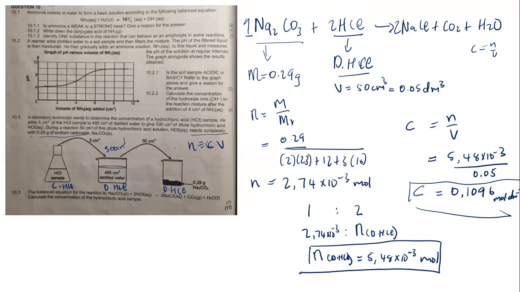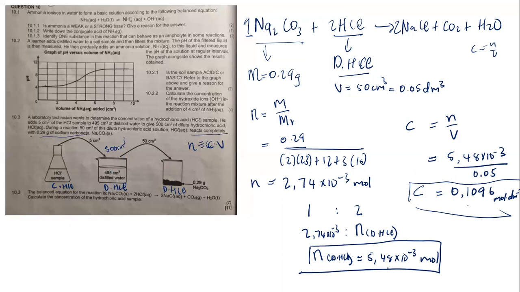Right? So I use this volume and this number of moles to determine the concentration of this diluted HCl in here. This concentration is going to help me determine the number of moles here and the number of moles there. Because do not forget, my man, this number of moles is the reacted number of moles of diluted HCl.